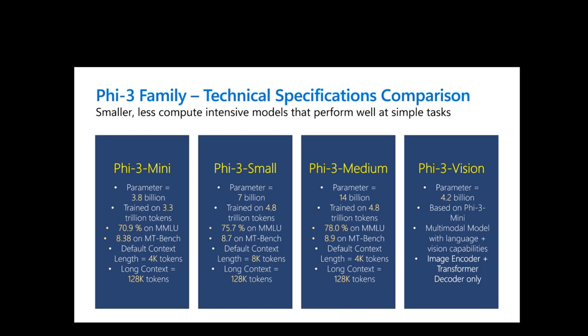The base underlying architecture is a transformer decoder-only block for mini, small, and medium. But Phi-3 vision changes a little bit. It's a combination of the image encoder plus the transformer decoder-only block.